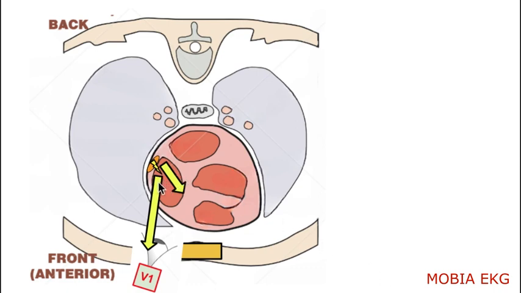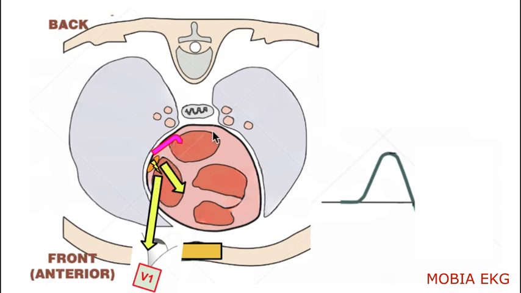Movement of the electrical signal toward V1 causes a positive deflection from the isoelectric line. Also, if you remember, the electrical signal from the SA node is transmitted to the left atrium by the Bachmann fibers and activates the left atrium after depolarization of the right atrium.